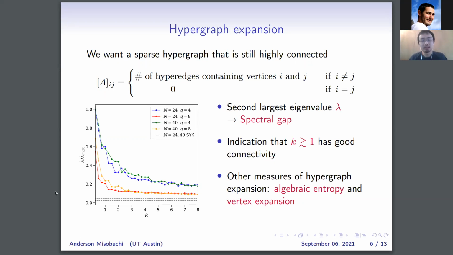So this is consistent with the previous result of quantum chaos, needing only K of order 1 to be an effective model for the ultra SYK. There are other measures of connectivity for hypergraphs, like the algebraic entropy and vertex expansion, but they give more or less the same qualitative behavior.